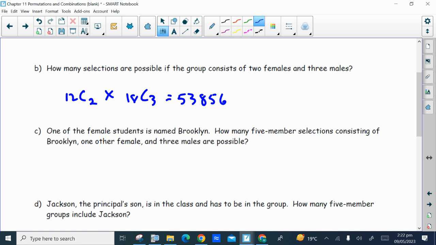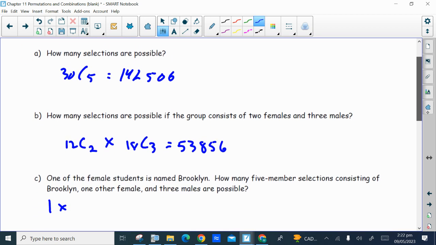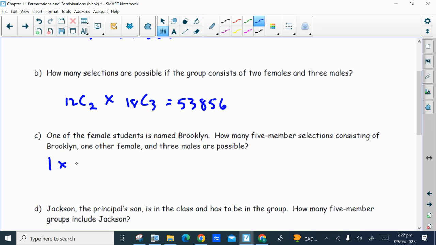Question C, one of the female students is named Brooklyn. And she's obviously very needy. How many 5-member selections consisting of Brooklyn, 1 other female, and 3 males are possible? So Brooklyn's already on the committee. There's only one way that can happen. So that's what that 1 represents. They need 1 other female. We started with 12 females. Brooklyn's already on the committee, so now there's only 11 left to choose the 1. So that'll be 11C1. And then the other 3 are the males, and they come from the 18 males that are in the class.